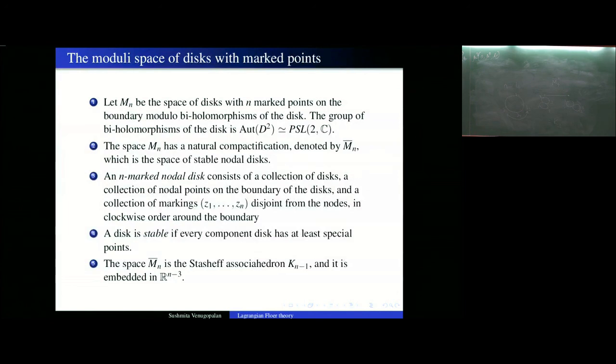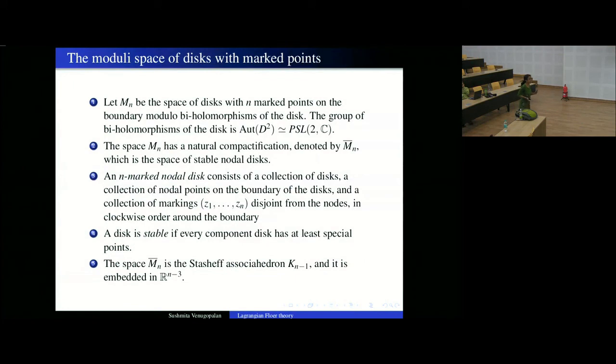Question? Oh, because we have to preserve the ordering. So we only consider the space where the marked points occur in this clockwise order.